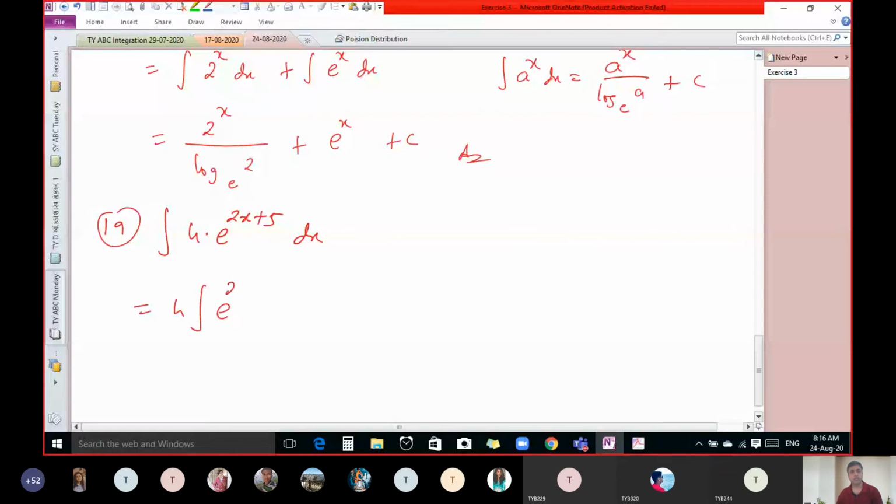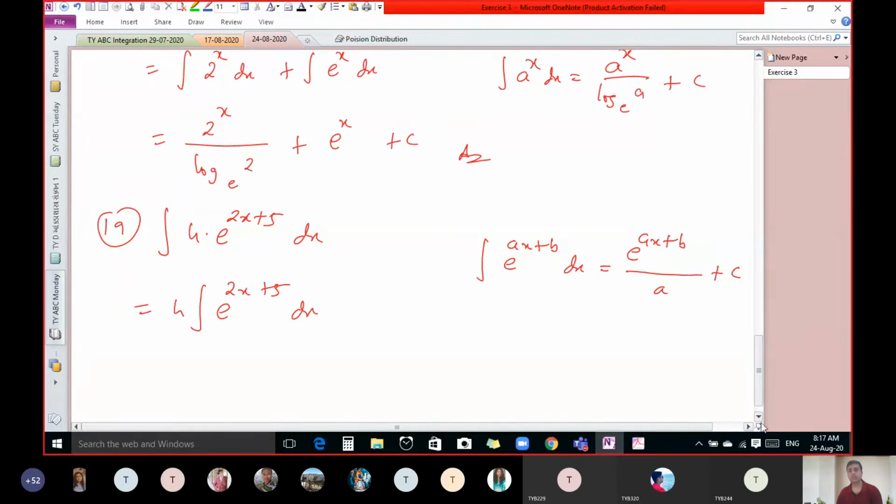So we get integration of e raised to (2x plus 5). Now we have one result: integration of e raised to a linear function (ax plus b). The answer is e raised to (ax plus b) upon the coefficient of x, which is a.